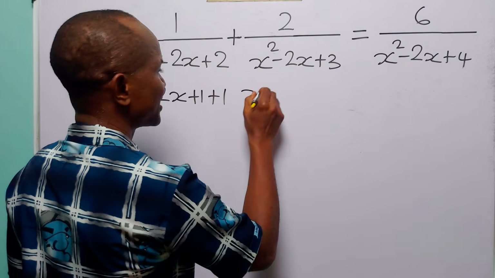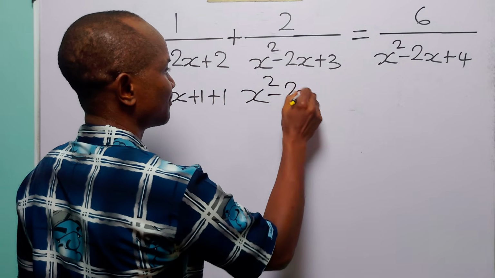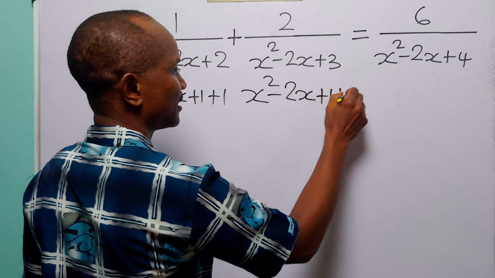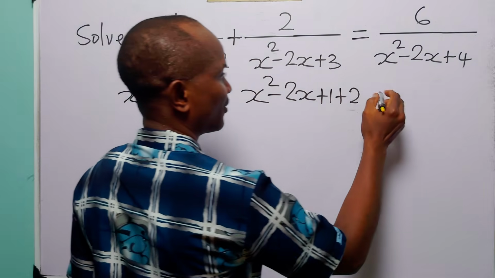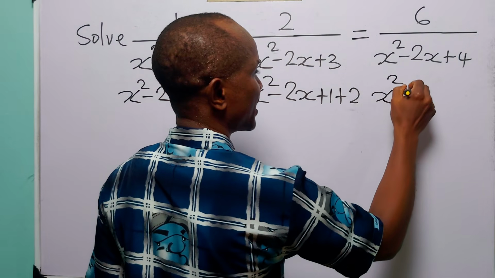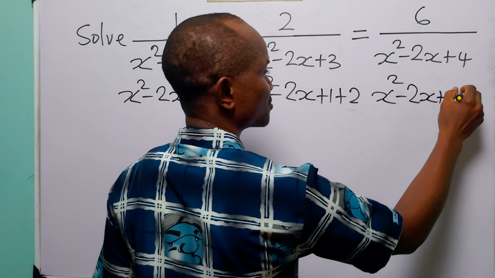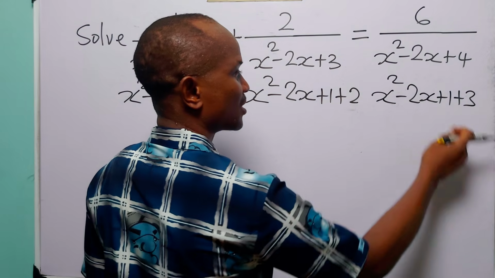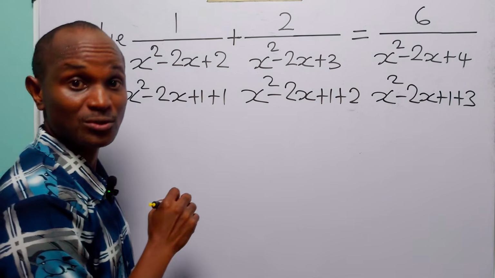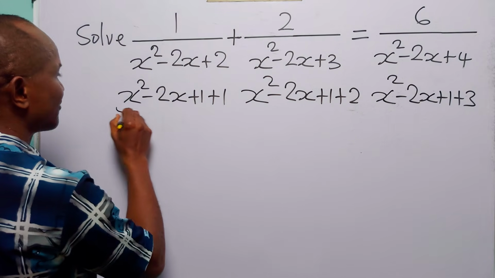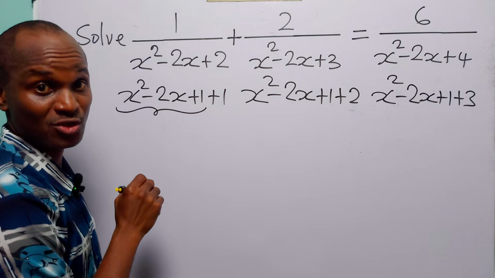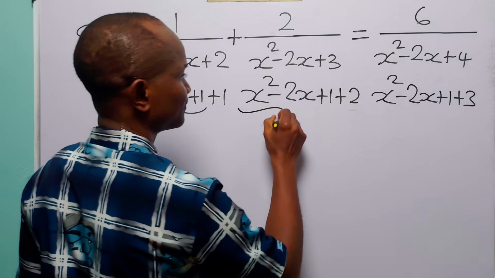Now in this case, we can write this as x squared minus 2x plus 1 plus 2. 1 plus 2 is equal to 3. And of course, in this case, we have x squared minus 2x plus 1 plus 3. Once more, 1 plus 3 is equal to 4. Now, all three denominators have x squared minus 2x plus 1.